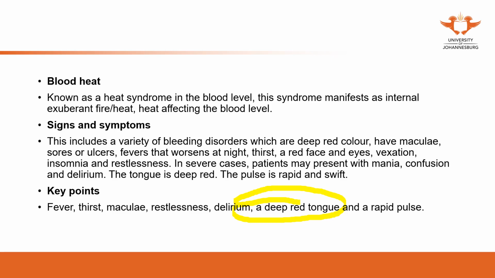The causes of the blood heat can be from exogenous heat. So in this situation, it's in a very hot condition, such as in summer, or someone that works with fire a lot.